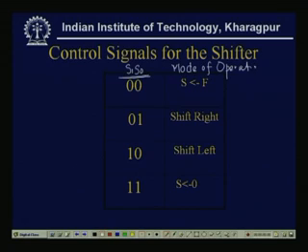If the select lines are 0, 0, whatever we are applying in the F input is passed as it is to the output, that means F is passed to S. When it is 0, 1, it is shift right. For 1, 0, it is shift left. And for 1, 1, it is a reset type of operation, that means all zeros are passed to S.